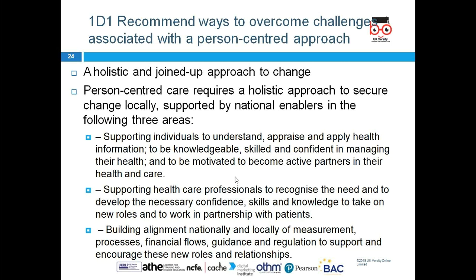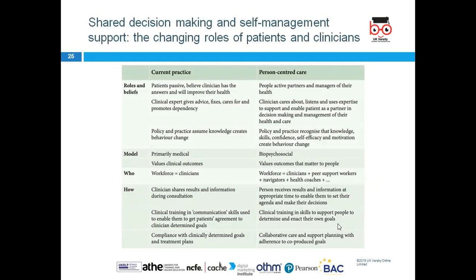Second is supporting healthcare professionals to recognize the need and to develop necessary confidence, skills, and knowledge, and to take on new roles and work in partnership with patients. And the third is building alignment nationally and locally of measurement processes, financial flows, guidance, and regulation to support and encourage these new roles and relationships.